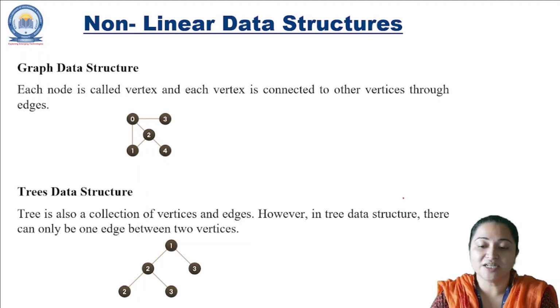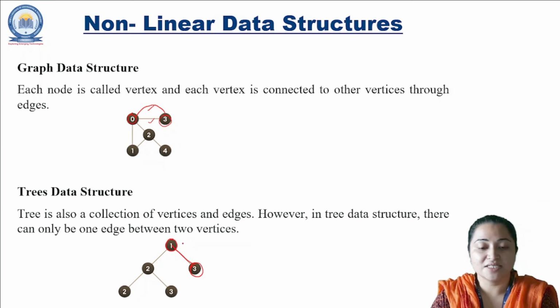However, in a tree data structure, there can only be one edge between two vertices. Suppose we have these two vertices, there can only be one edge between them. Unlike a graph, which may have cycles, so between these two vertices we may have two edges. But in a tree, there will be only one edge between two vertices.